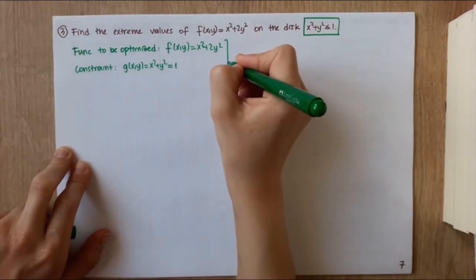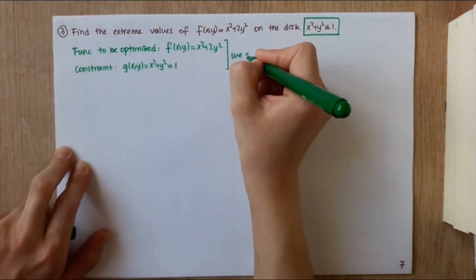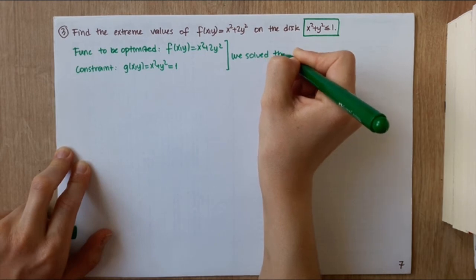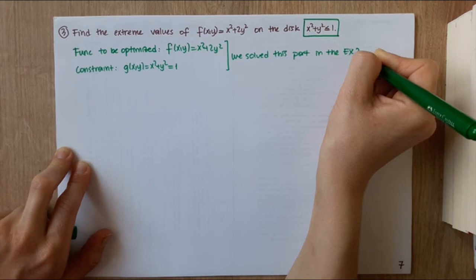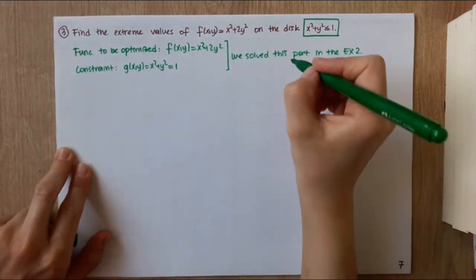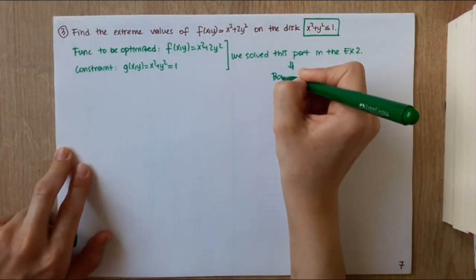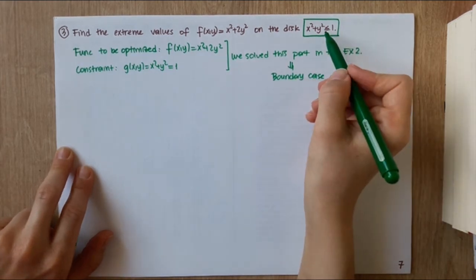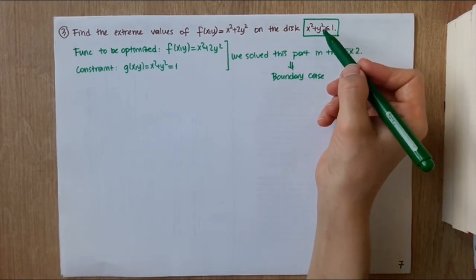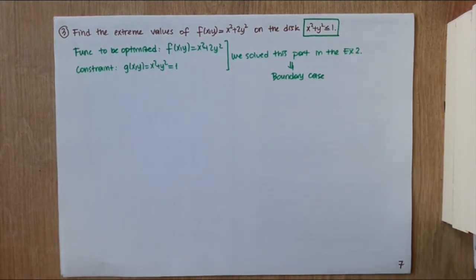Okay, we solved this part in example 2. So this is the boundary case. But because here we have a disk, this time we should analyze the inside of this region also, and we know that the inside part of the region can be analyzed using the critical points.